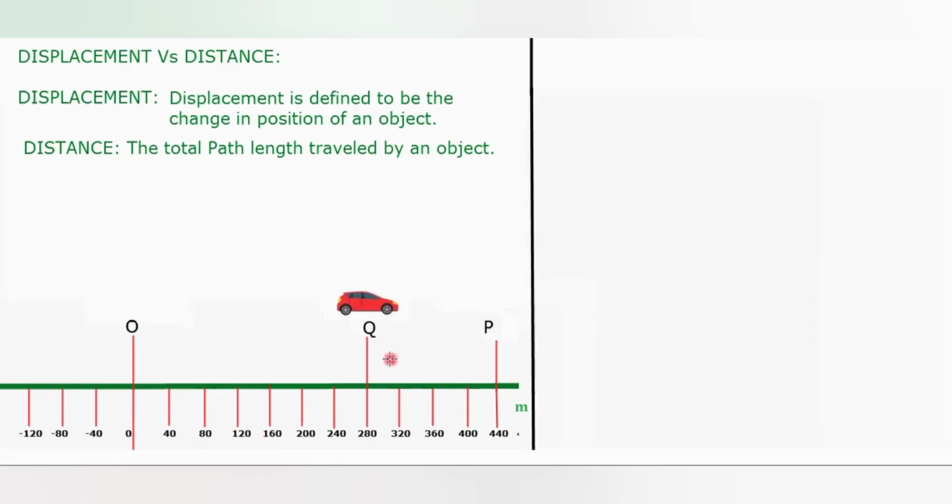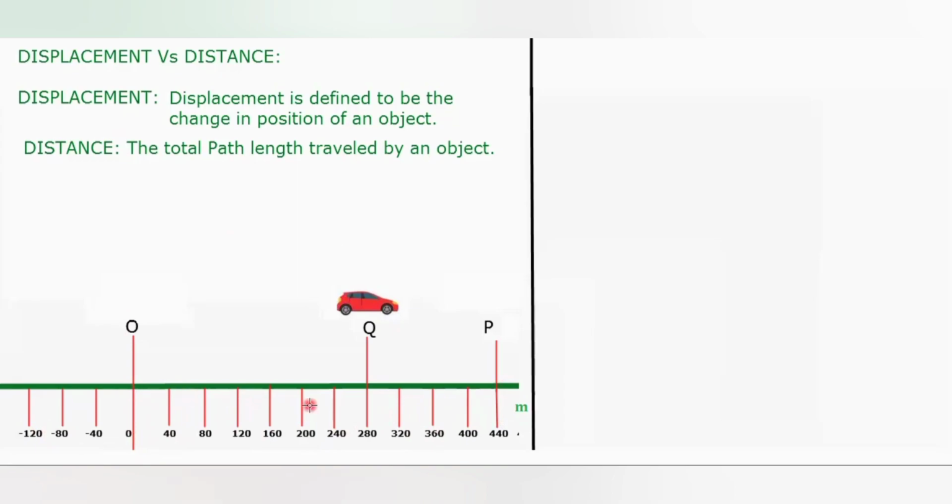Here you can see a diagram. Here in x-axis, we had taken the distances in meter. And this will be the origin, that means O, that taken as 0 meter here, where the x equal 0 meters.